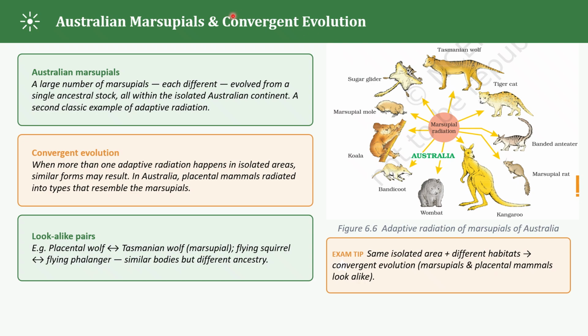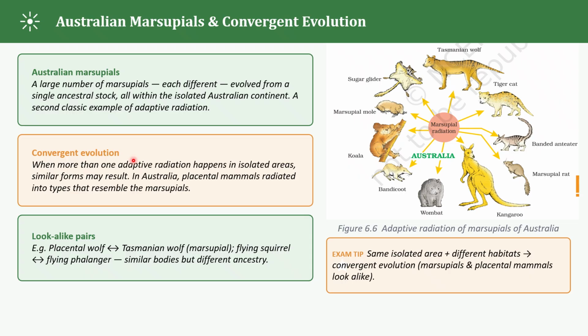And what is convergent evolution? You have to understand it. It can be a little confusing, but try to understand, it's very easy. Australia also has placental mammals. Already we saw marsupials, now Australia also has placental mammals. Interestingly, many placental mammals look very similar to marsupials.